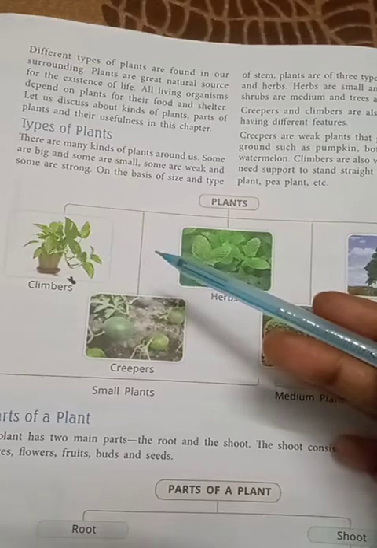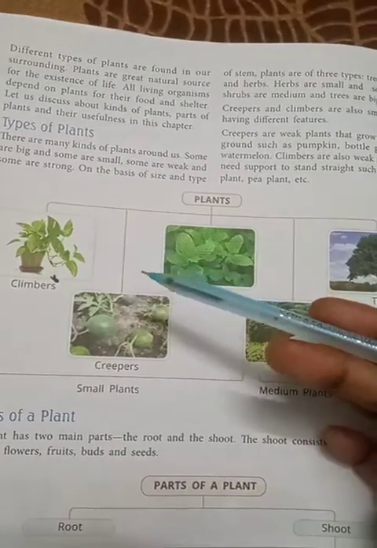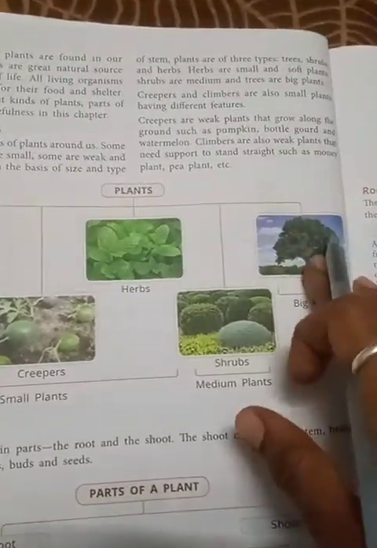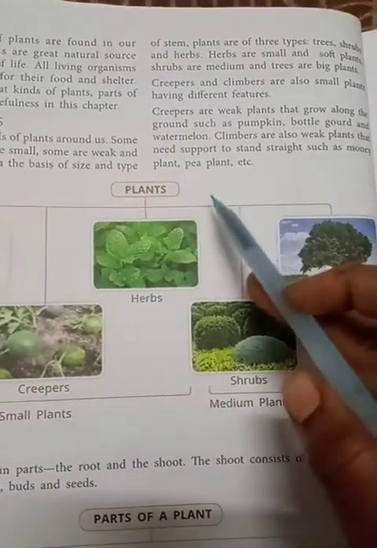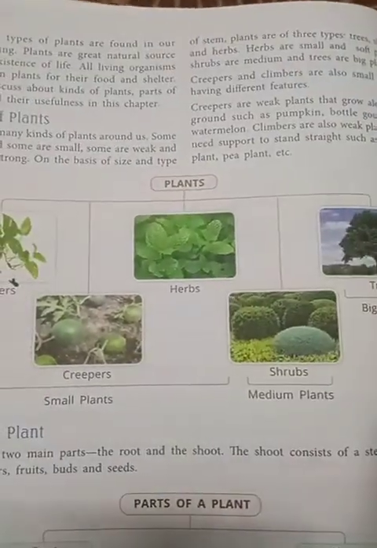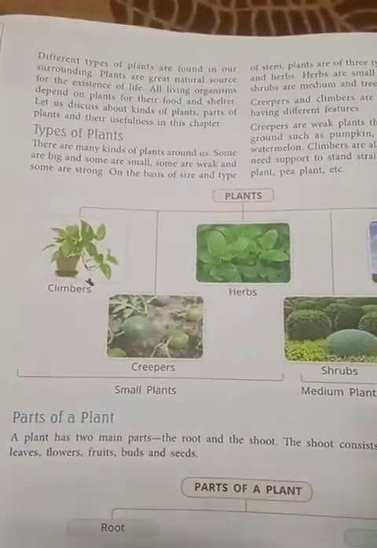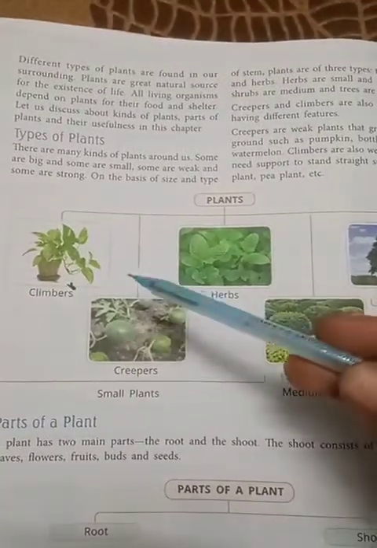They take support of anything and then grow. Money plants and pea plants are climbers.